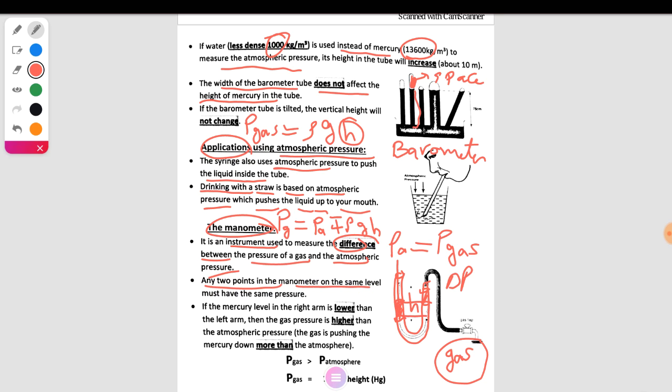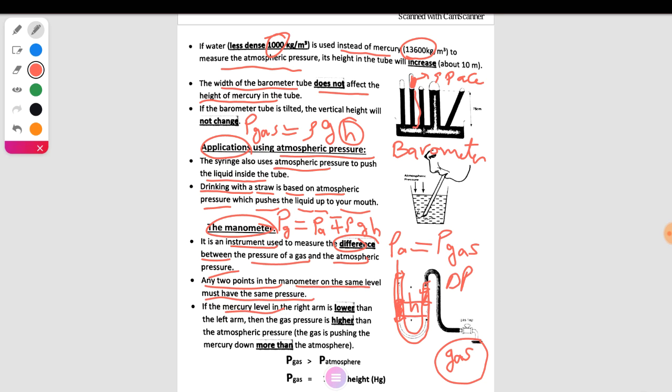Any 2 points at the same level in the same static liquid have the same pressure, because they are in the same liquid. This is the scientific base on which the manometer is based.